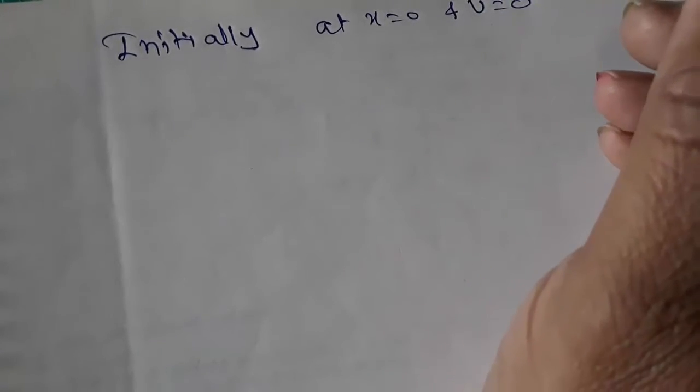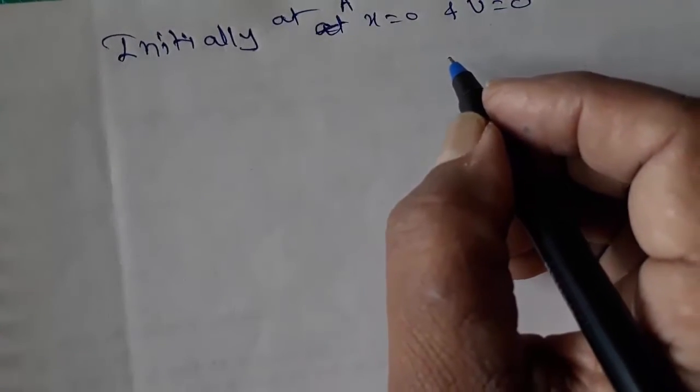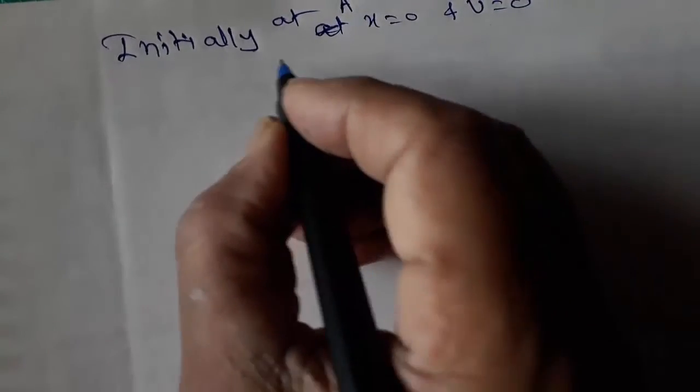Initially at A we have x equal to 0 and v equal to 0, hence the constant is 0.